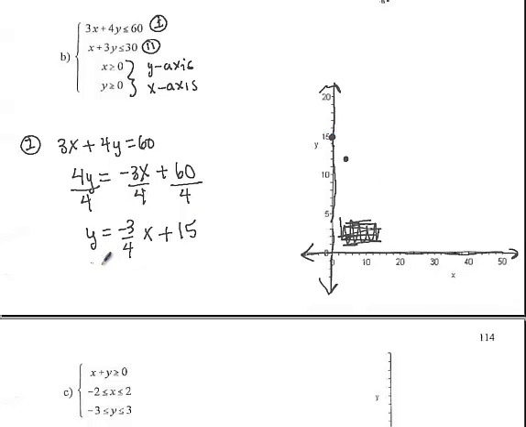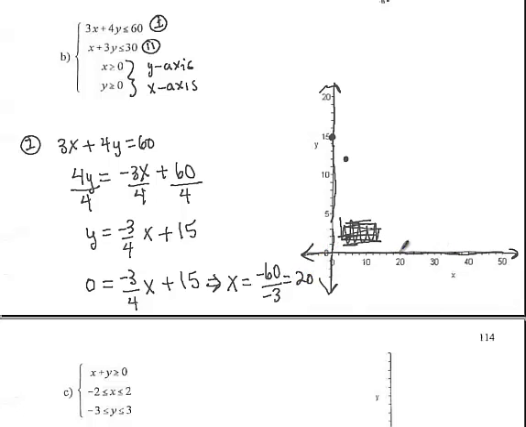To find the x-intercept, you simply replace the y with a 0 and solve for x. Doing that gives me x equals a negative 60 over a negative 3, which ends up being 20.